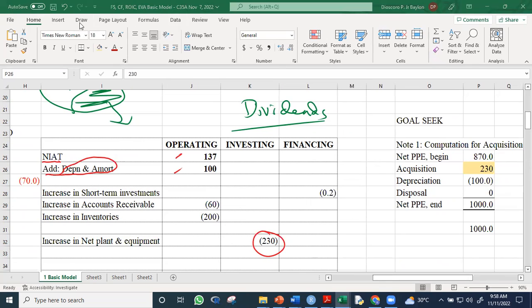Is this clear? Kindly please chat if the computation of our investing, the 230, is clear so far. Okay, good. Thank you. How about the others? Okay, good. Thank you so much, class. Thank you for your feedback. I really appreciate it.